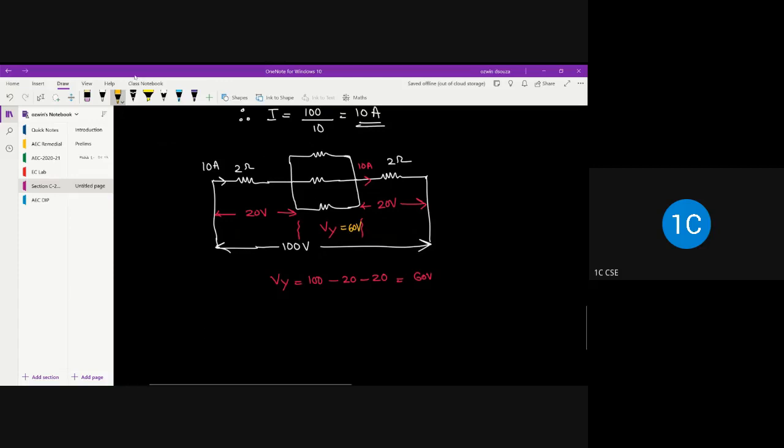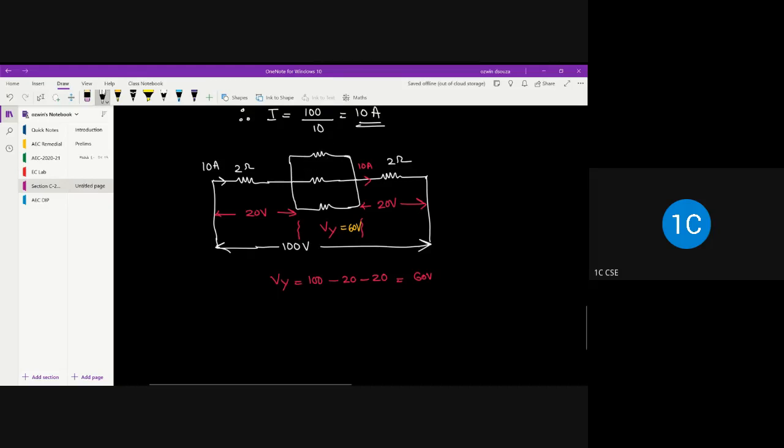Now you can find the current values because you know the voltage across the parallel combination and you also know the resistance values. So you can calculate the respective currents through the resistors.